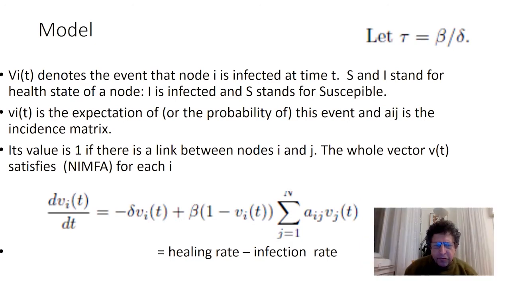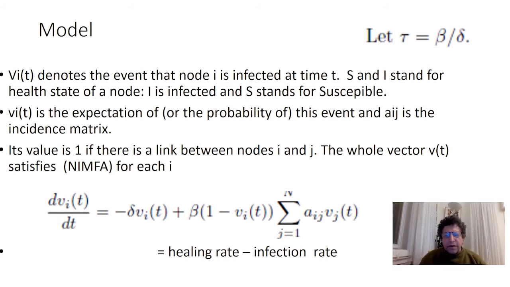The infection rate is proportional to the probability that node i, in this case, is not contaminated, times the sum of indicators A_ij, that is 1 for j being a neighbor of i, times the probability that node j is infected. So this is the NIMFA approximation.